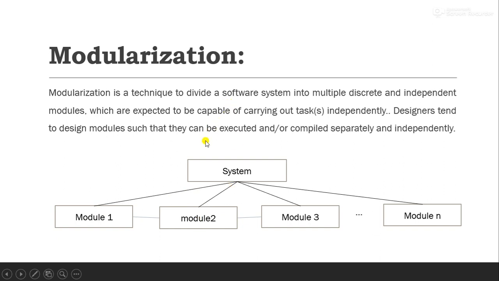So modularization is the process of dividing the software system into multiple modules which are capable of performing their tasks independently. This modularization approach tries to solve the entire problem by following the principle of divide and conquer.